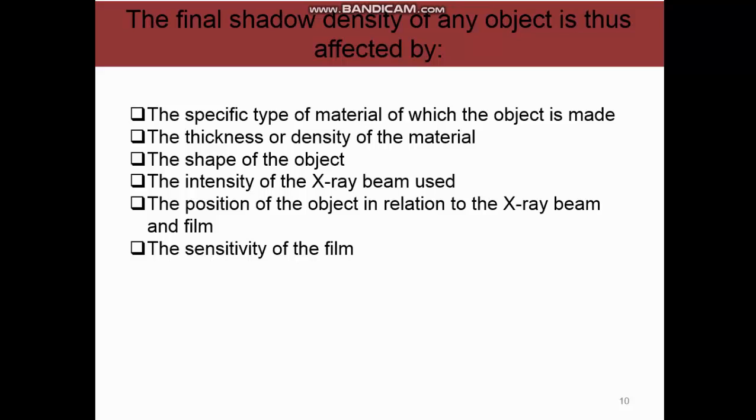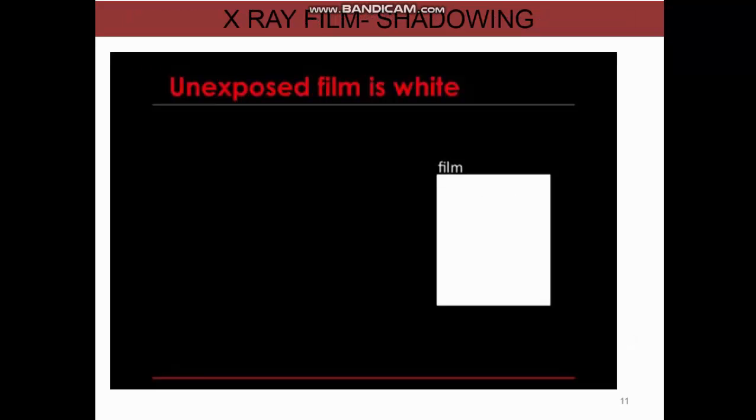It is also affected by the thickness or density of the material, the shape of the object, the intensity of the X-ray beam used, the position of the object in relation to the X-ray film, and the sensitivity of the film.